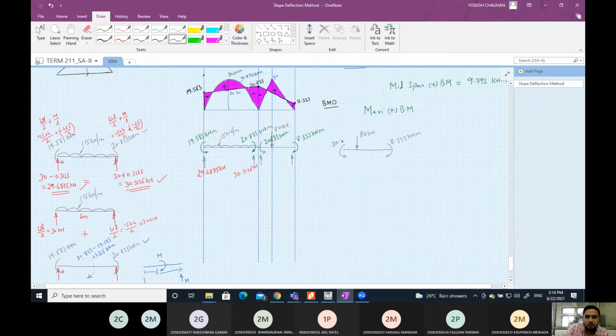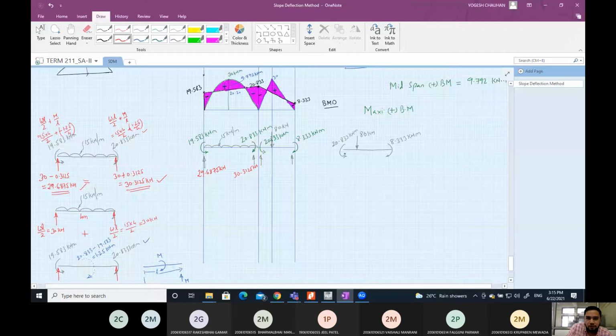Here it is 20.833 kilonewton meter. Now for this I will directly write the support reactions, but this way you can simplify. You can first find for the applied point load and then you can find for the balance bending moment.